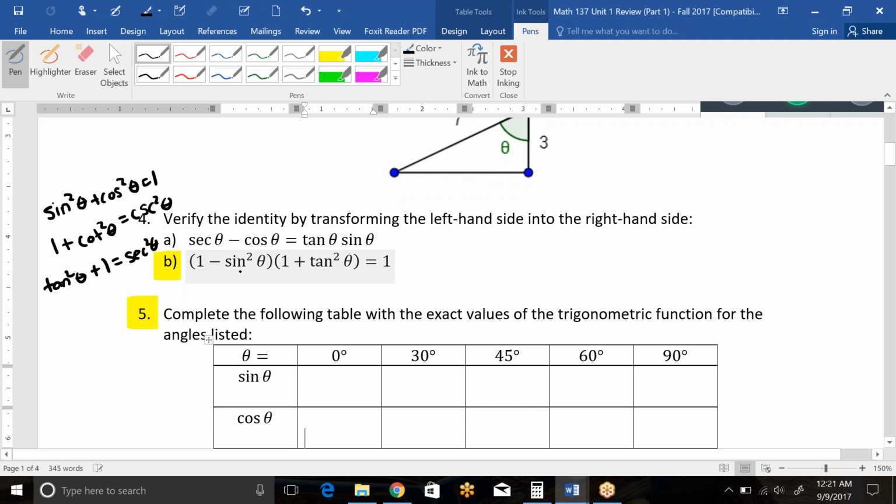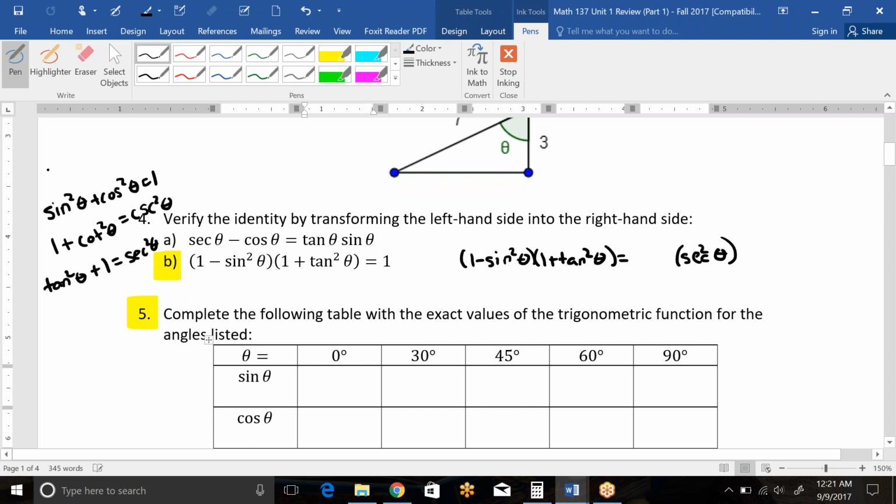Now notice, these are both variations of those. Tangent squared plus 1 is secant squared, so we can go ahead and write that 1 minus sine squared theta times 1 plus tan squared theta equals, so we know the second one is secant squared theta.